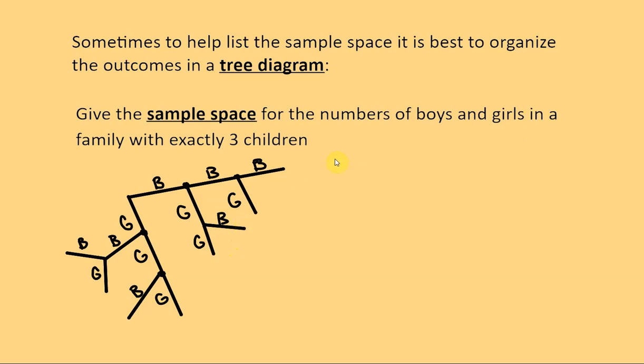And now if we want to write it out in our braces, like I said, we had 3 boys. We could have had 2 boys and a girl. We could have a boy and 2 girls. We could have a boy, a girl, and a boy. We could have 3 girls.